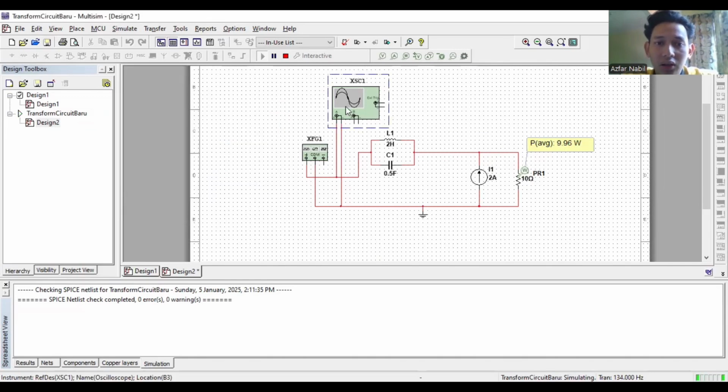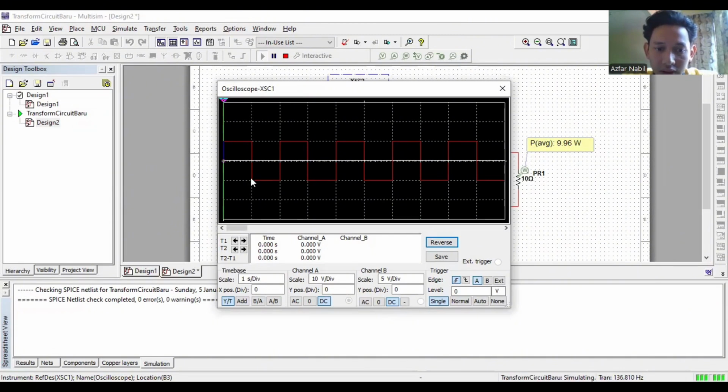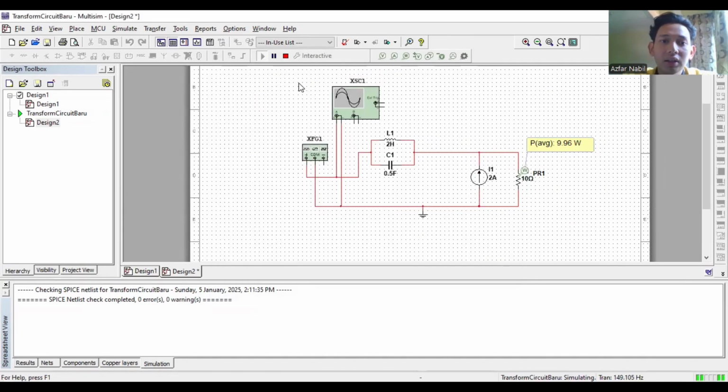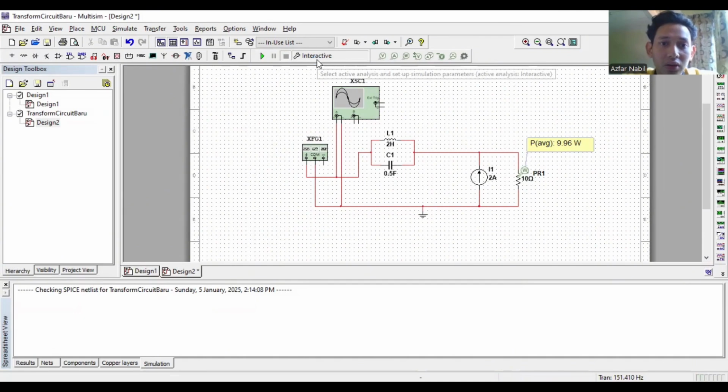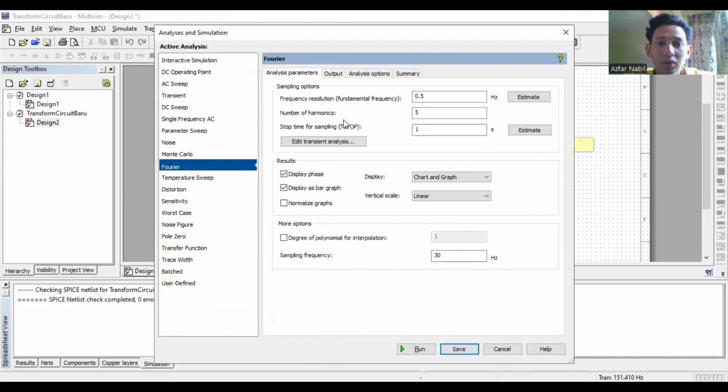Next, this is our oscilloscope graph. For the time base scale, we use 1 s per division, and channel A is 10 volts per division. Then I continue with the Fourier analysis. We use a frequency resolution of 0.5 Hz, the number of harmonics is 5, the stop time for sampling is 1, and the sampling frequency is 30 Hz.